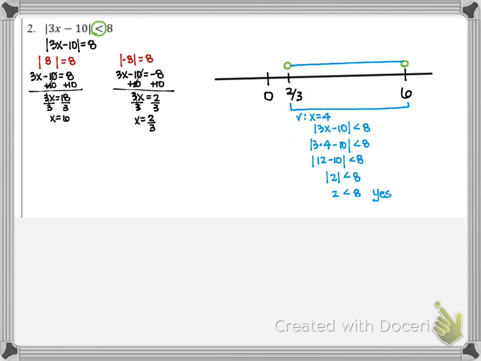Okay, so I'm still back at this whole inequality business. Previously, when we did just inequalities and we had a graph that looked like this, we wrote it as a single big chunk of an answer. So I'm going to do that. Okay, so I've got my boundaries here. I've got 2/3 on the left, 6 on the right, my variable in the middle.